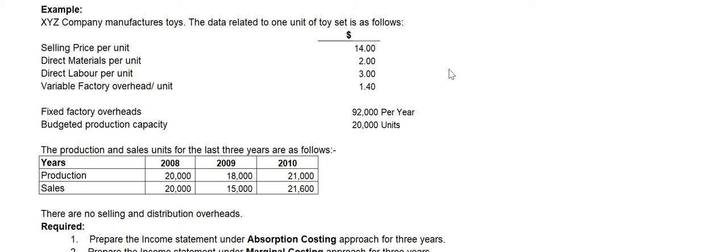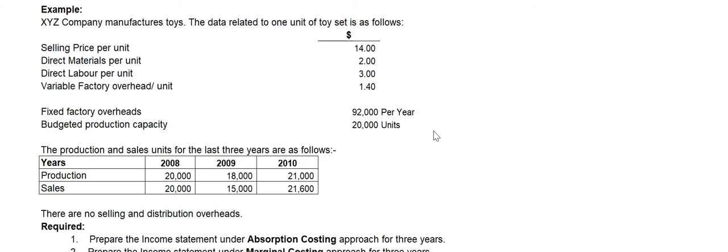However, I will recap some of the principles which I discussed in my previous video before discussing this particular example. Okay, so let's move on to the question. Before that, let me explain the difference between absorption costing and marginal costing.